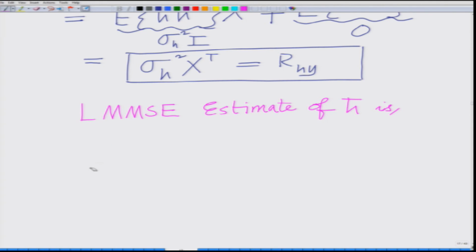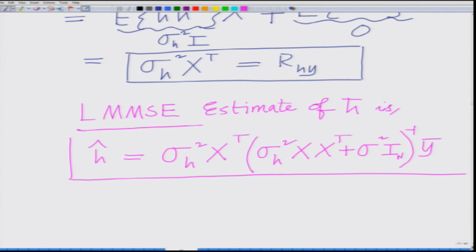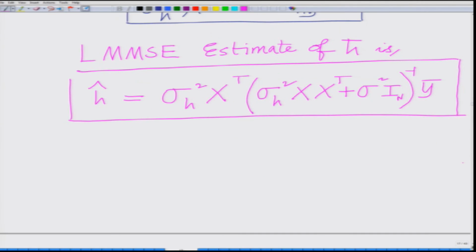H hat equals R H y, which is sigma H square times x transpose, times R y y inverse, which is sigma H square x x transpose plus sigma square times identity, this n cross n identity matrix, inverse, times y bar. This is your expression for the LMMSE estimate of the channel vector H bar.